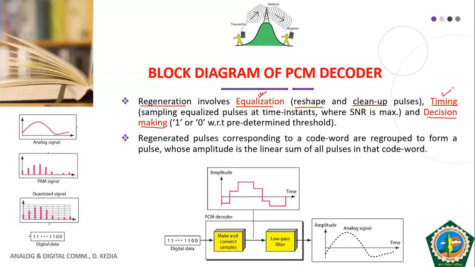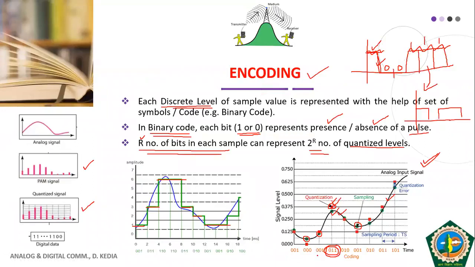Our next step is timing. Timing means that whatever pulses we have equalized, we need to detect whether my pulse is present or absent, as I told you. We have cleaned up the pulses, so now I need to say one bit is present here, 0 is there, 1 is here, 1 is here. So for this entire duration, I have 1 present.